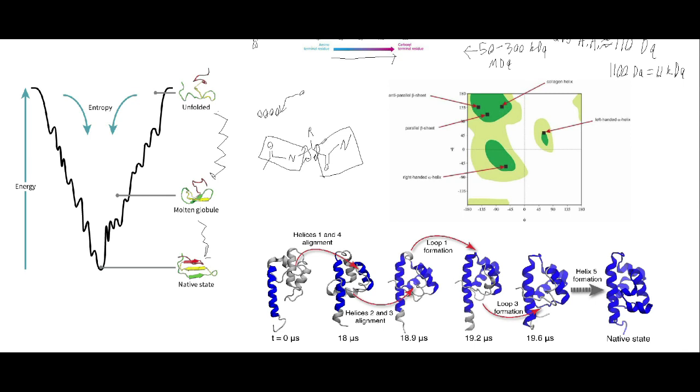Because of different steric hindrances of these carboxyl groups with the side chains, we have these allowed bond angles or dihedral angles. I don't remember how it's spelled, I think it's something like that, dihedral angles.